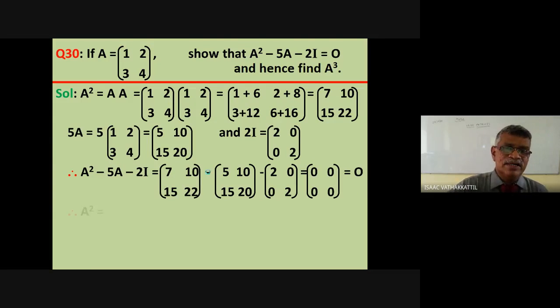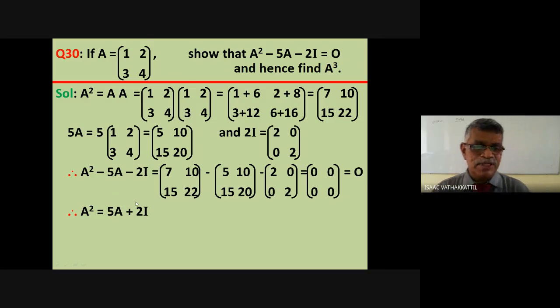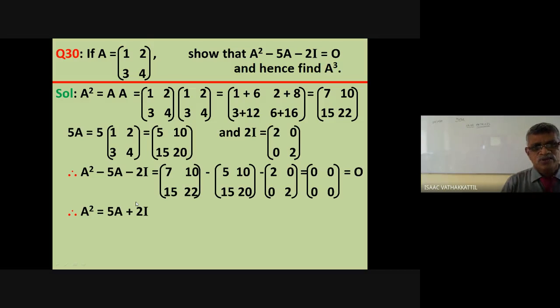Well, from here, we have to get A cube. First, what we do is that A squared can be availed from here. A squared minus 5A minus 2I equal to zero matrix. So A squared equal to, can you agree? 5A plus 2I. So A squared equal to 5A plus 2I. What is A cube?